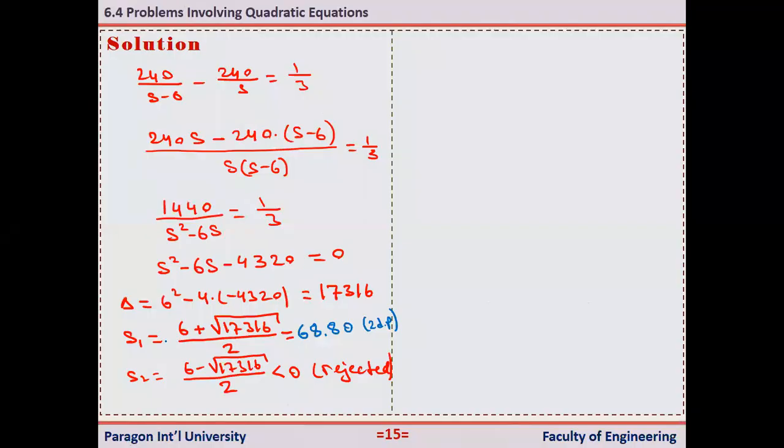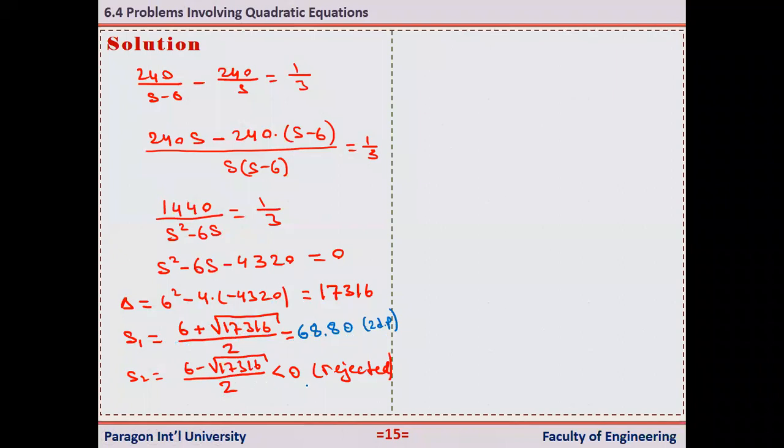When you evaluate this, the answer correct to 2 decimal places is 68.80. In the previous one, I used the wrong answer, because s is a big number, it cannot be equal to 8. So the correct answer is 68.80, correct to 2 decimal places.